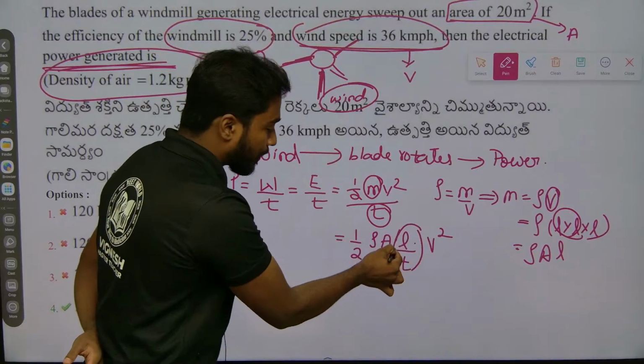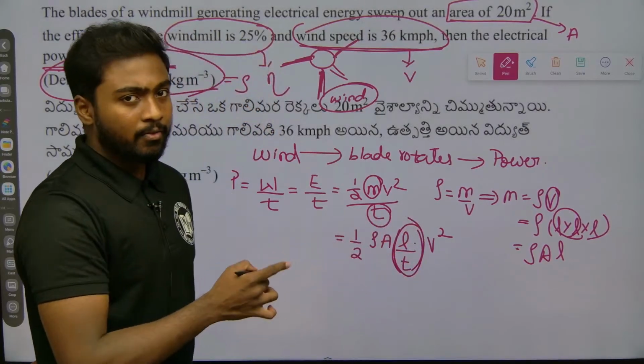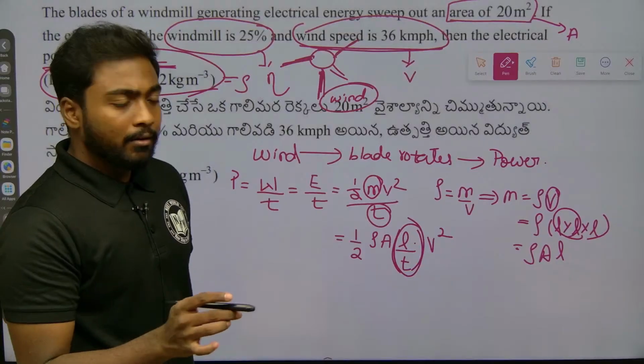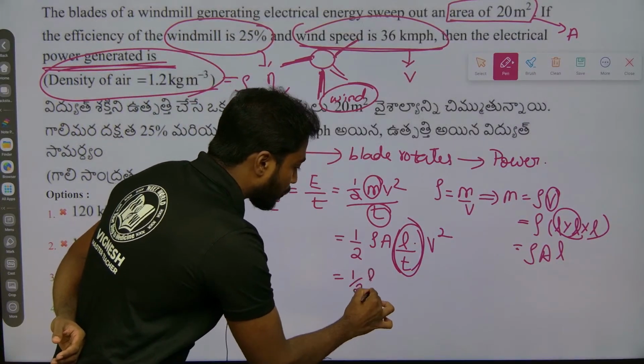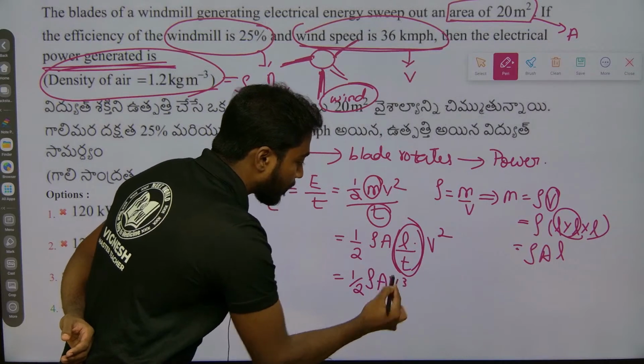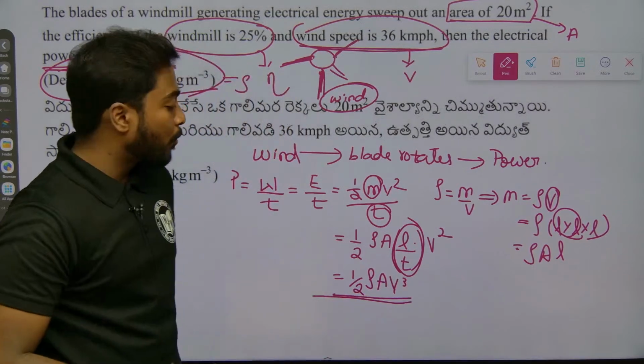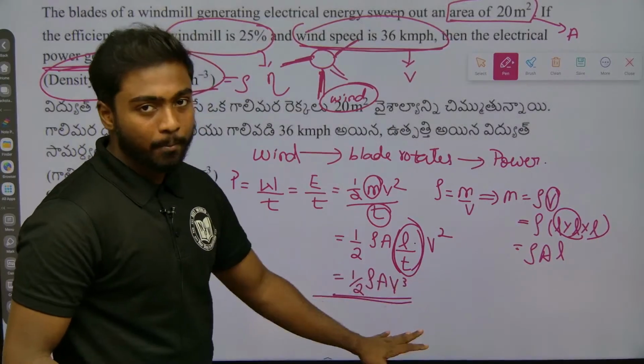So L by t is velocity, and the formula becomes half rho A v cube. Hope you understood how we got the formula, half rho A v cube, right?